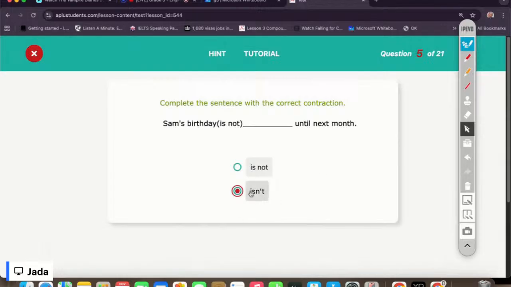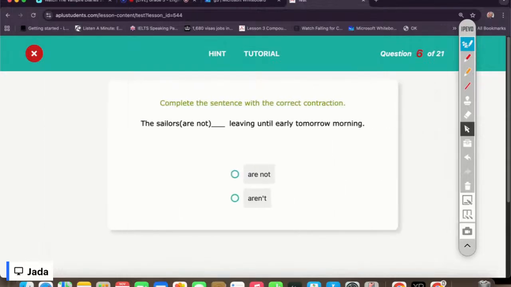Okay, so we have isn't. Then, the sailors are not leaving until early tomorrow morning, first or second? Isn't it late? I said to my grandma as soon as she banged on my door. Good job, that's very great. I'm going to the store with my dad. Good sentence.